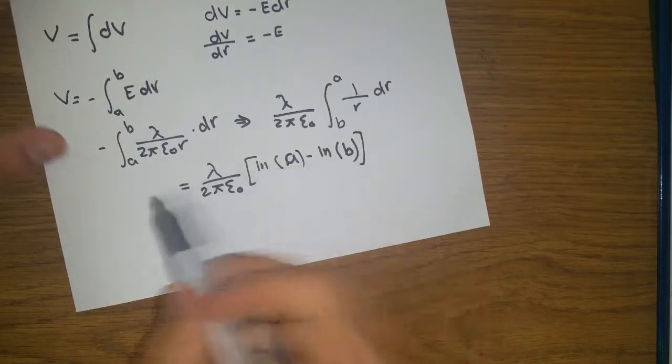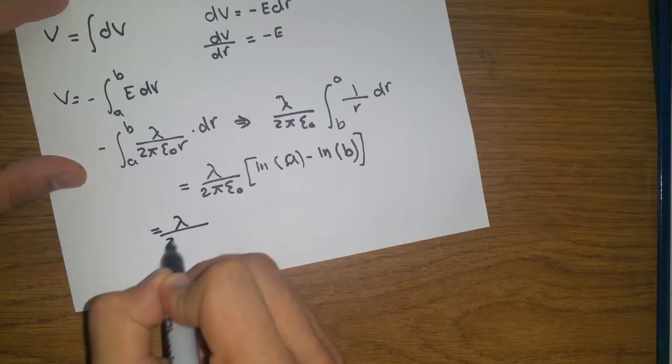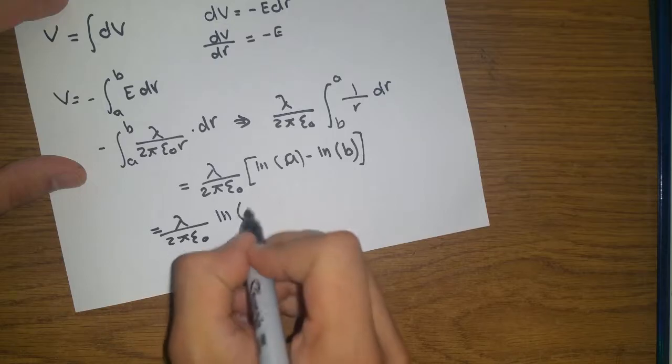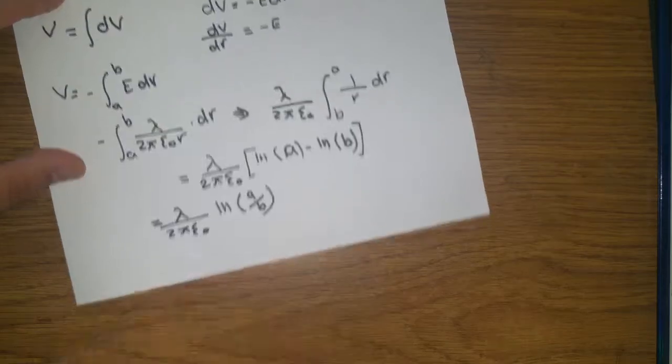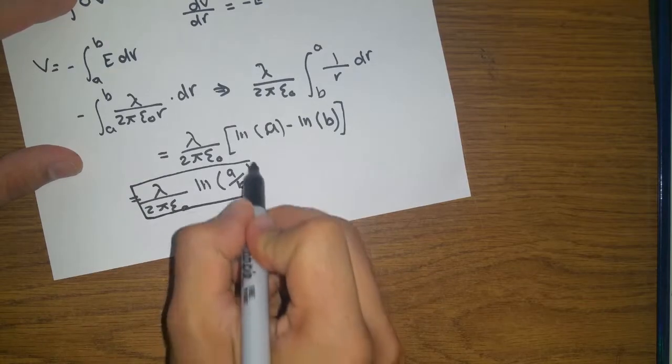And because of the natural log rule, we can write this as lambda over 2 pi epsilon naught natural log of a over b. So that is step 2.